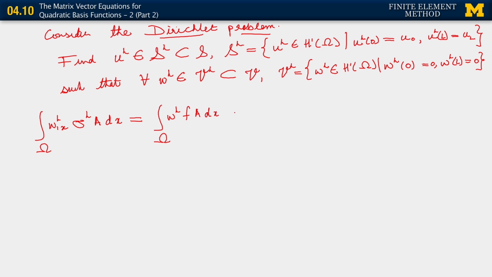Now, because of the nature of our weighting functions, here's what we have. If this is our domain, omega, and let's suppose that we are working with quadratic basis functions, so those are our nodes for element 1, and those are our nodes for element NEL. So this is element omega 1, that is element omega NEL.